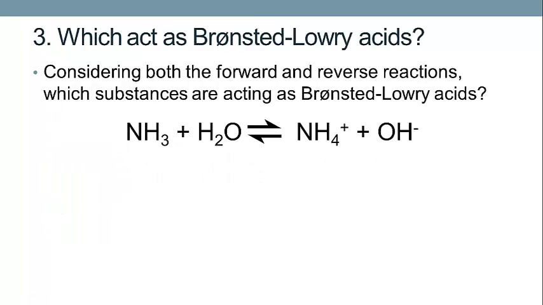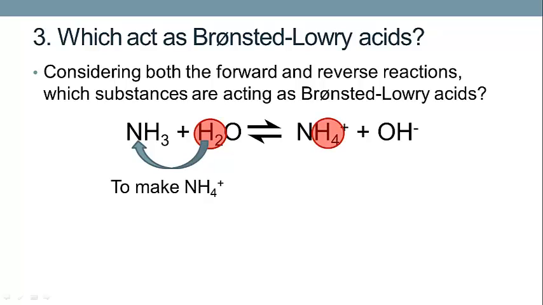Next question is about the Bronsted-Lowry definition of acids and bases. So considering both the forward and reverse reaction, which substances are acting as Bronsted-Lowry acids in the equation? In order for NH3 to become NH4, it needs to gain a hydrogen ion. And if I wanted to remake water, NH4 would have to give up one of its hydrogens to the OH minus.